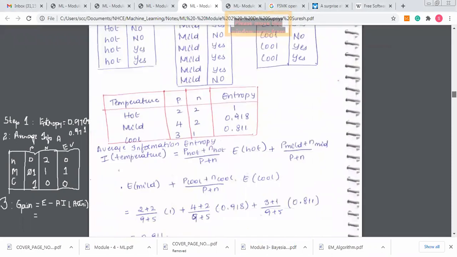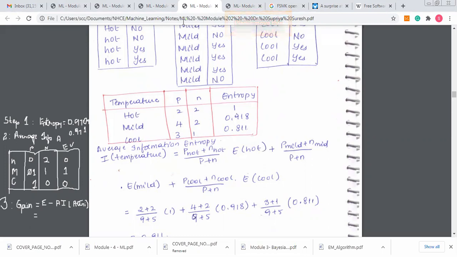Guys, I want you to remember these formulas. The average information entropy is P hot plus N hot divided by P plus N into E of hot, plus P mild plus N mild divided by P plus N into E mild, plus P cold plus N cold divided by P plus N into entropy of cold.